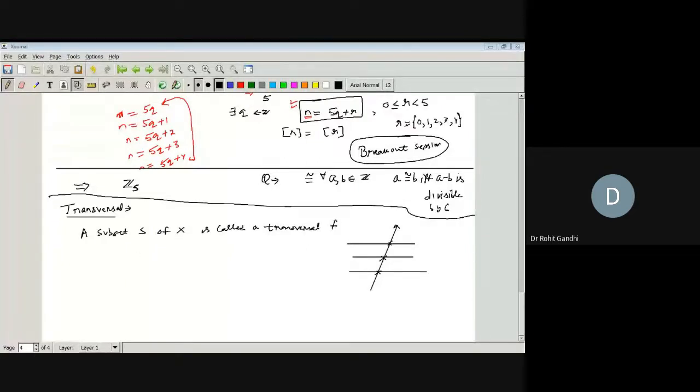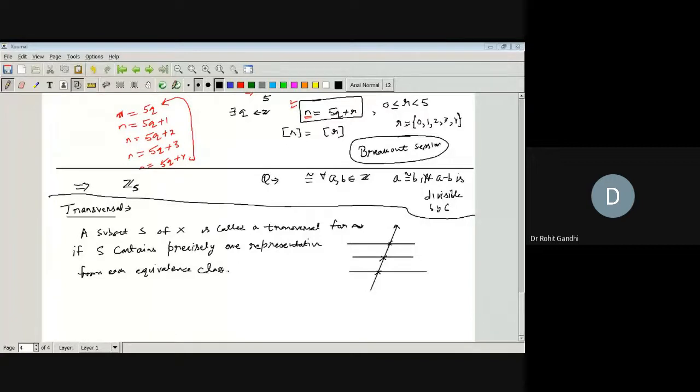For the relation I am writing here, similarly, if S contains precisely one representative, representative means one element, precisely one representative from each equivalence class.